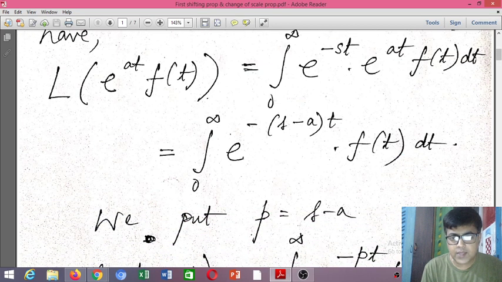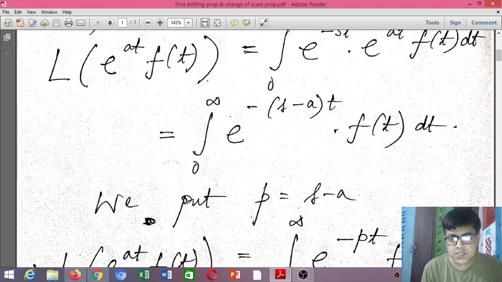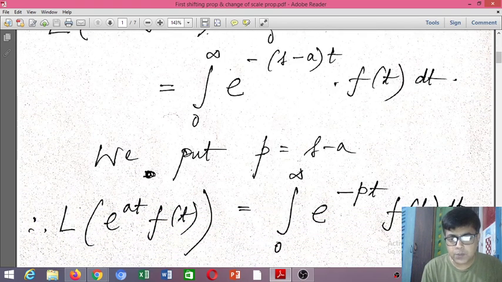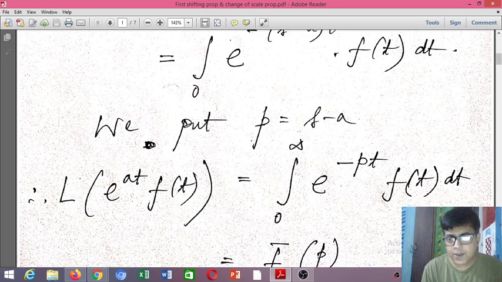After writing that in that form, we make a substitution. We put s minus a equal to p. Since both s and a are constants here, p is a constant, so there is no change in the limit because we have not substituted the variable. So L of e to the power at into f(t) becomes integral 0 to infinity e to the power minus pt into f(t) dt, because in place of s minus a we have put p.